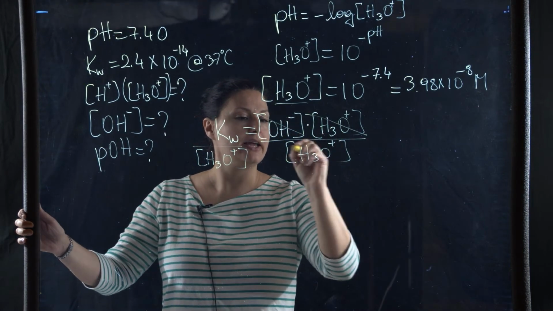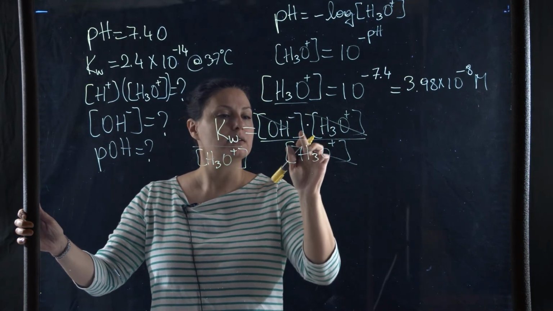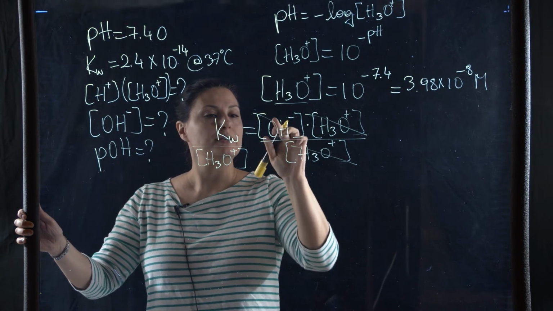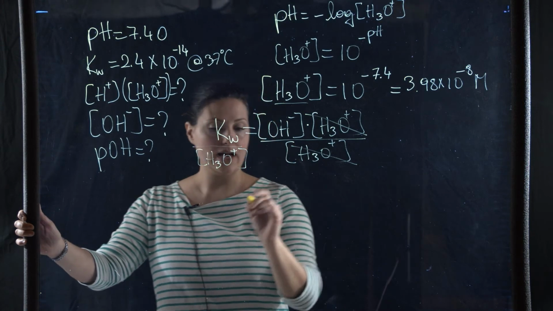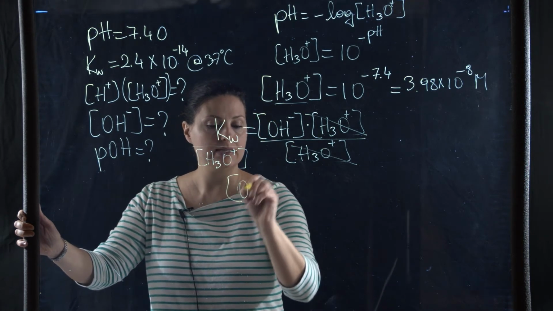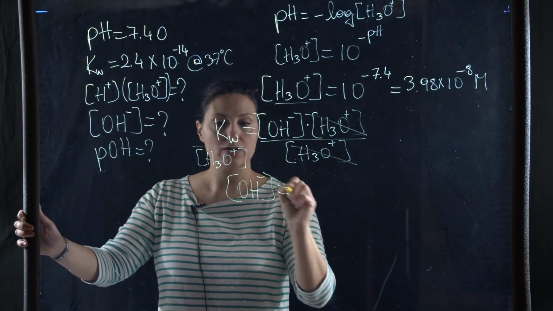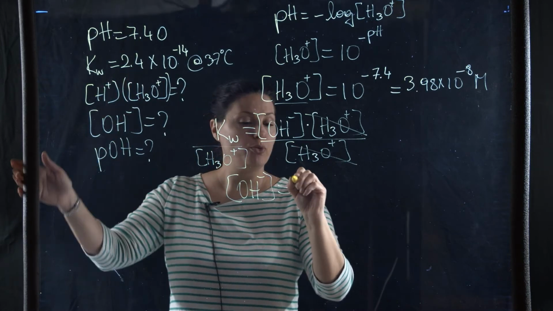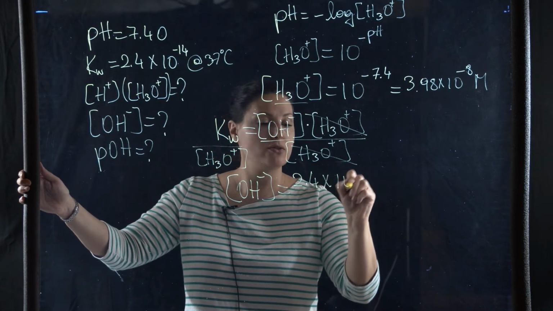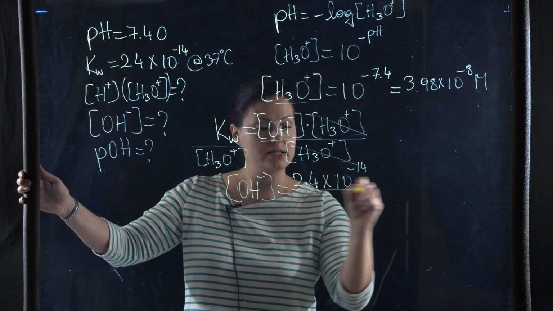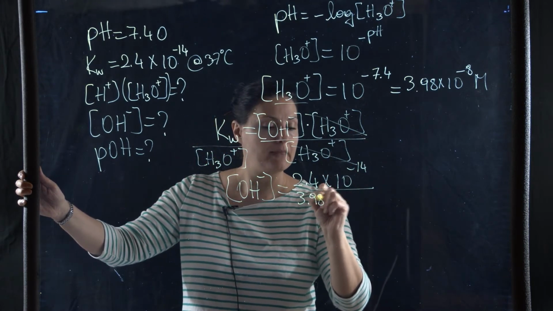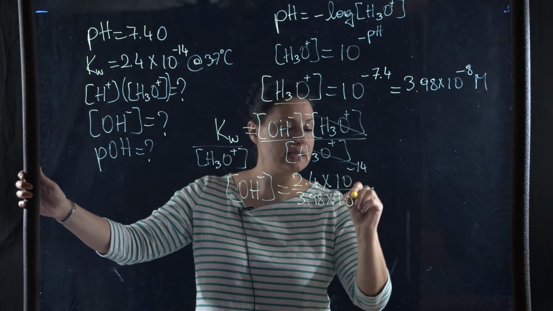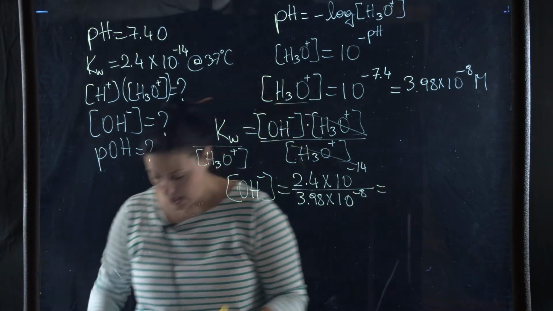H3O plus cancels out, and my OH minus is equal to 2.4 times 10 to the minus 14 divided by 3.98 times 10 to the minus 8th molar.